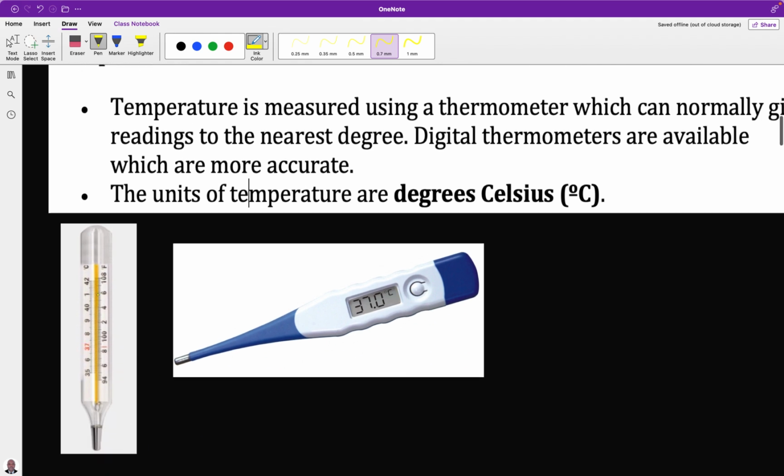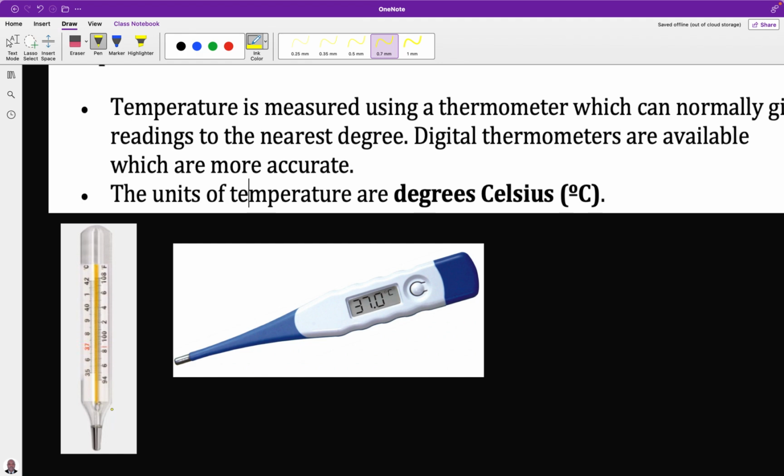This one, you read by the mercury level. As we go, I will show you how to read the mercury level in a thermometer. Because in your exams, you could be given different thermometers to read the different temperatures there, and you are expected to read them very well.